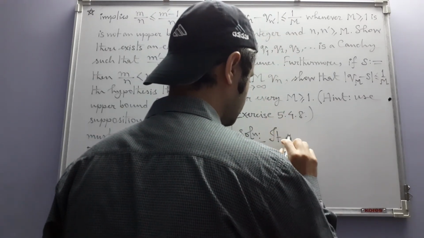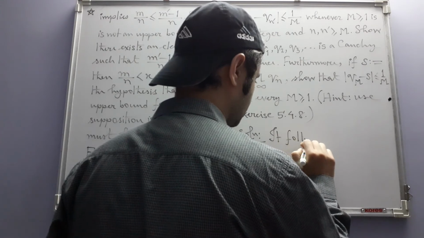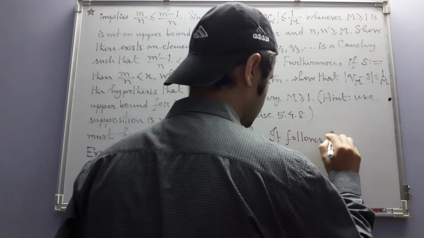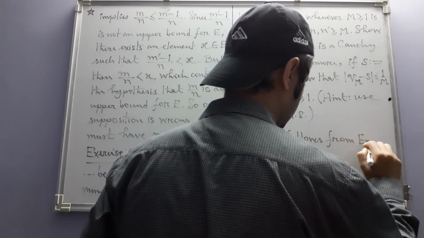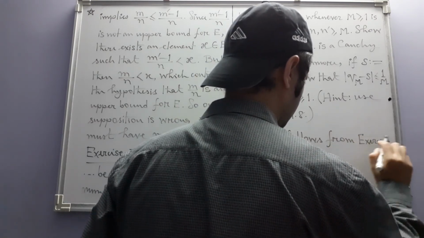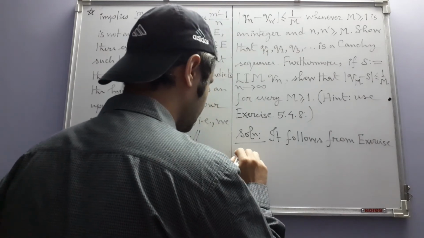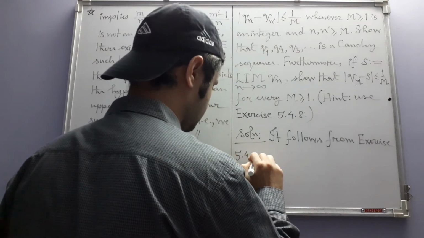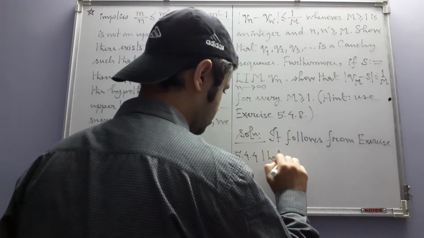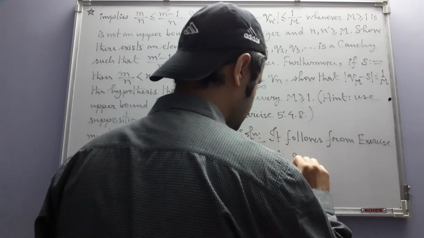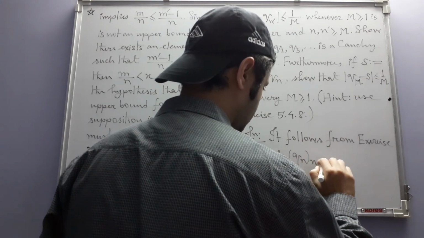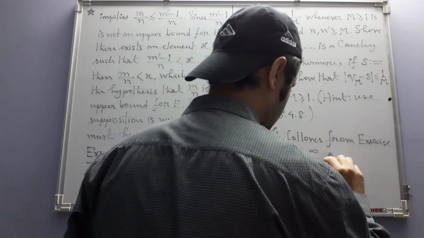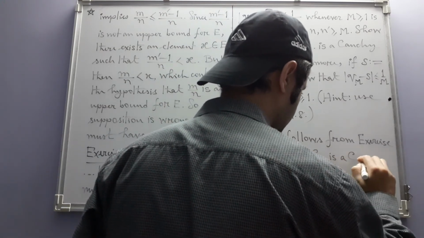It follows from exercise 544 that the sequence Qn is Cauchy.